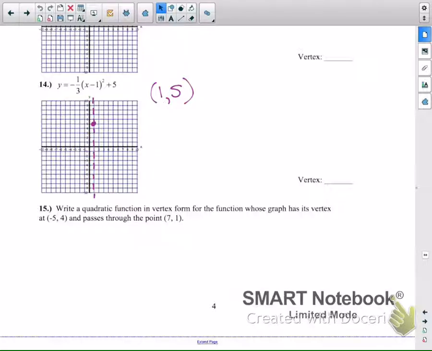Again, we know it's down because my A value is what? Negative. So I go down 1 right 3, I go down 1 left 3, and that gives me the basic idea of how wide my parabola is. The graphing part should be pretty easy.